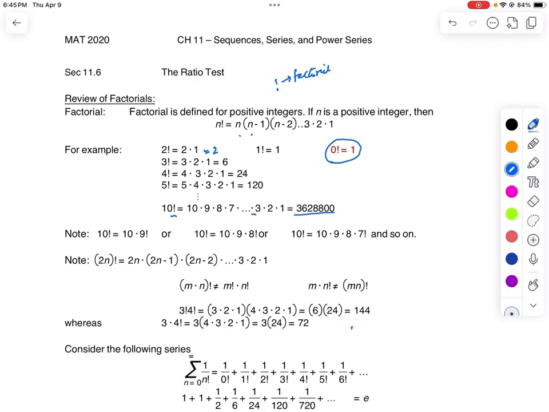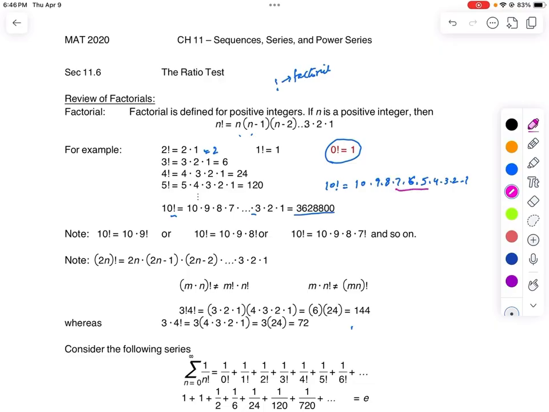Now notice here that we can also break these down in different ways. 10 factorial, I can write as 10 into 9 into 8 into 7 into 6, 5, 4, 3, 2, 1.